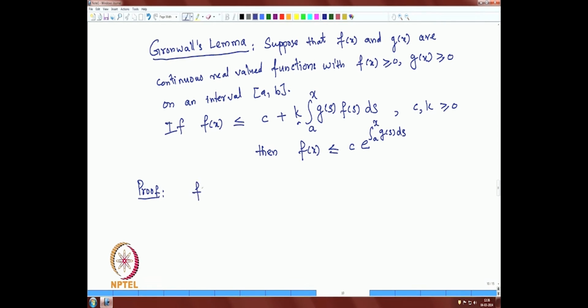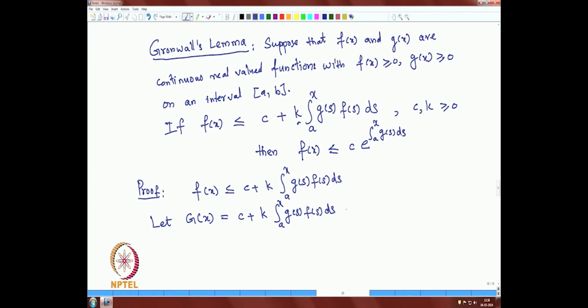is, so what we have is f(x) is less than or equal to c plus k times integral a to x of g(s) f(s) ds. This we have. And if I take the RHS and denote this by G(x), so let G(x) be equal to c plus k times integral a to x of g(s) f(s) ds.